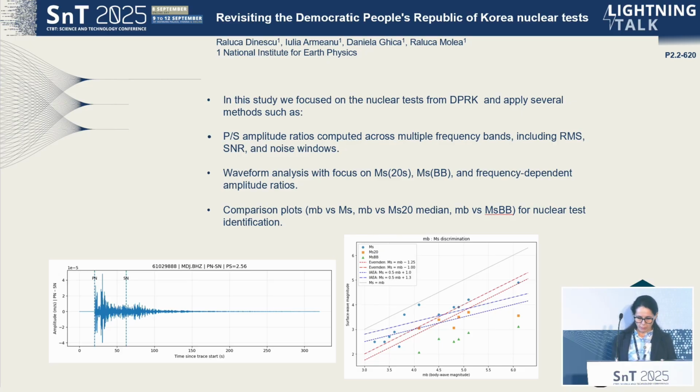I combined these two methods, and the key result is that these methods are complementary, so they are a better way to separate explosions and earthquakes. Using this information about waveforms, ratios, and magnitudes, we can give better answers in seismic monitoring and also support verification efforts. For more information, please come to my poster. It's booth 16. Thank you.